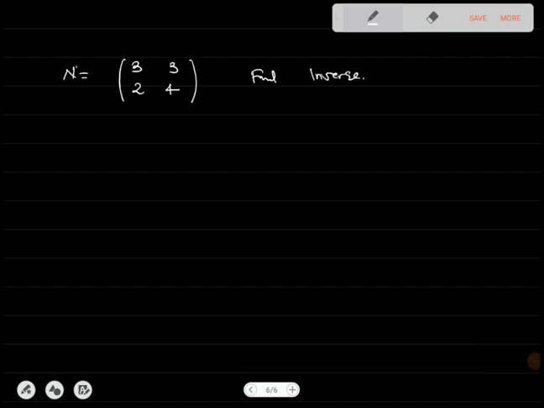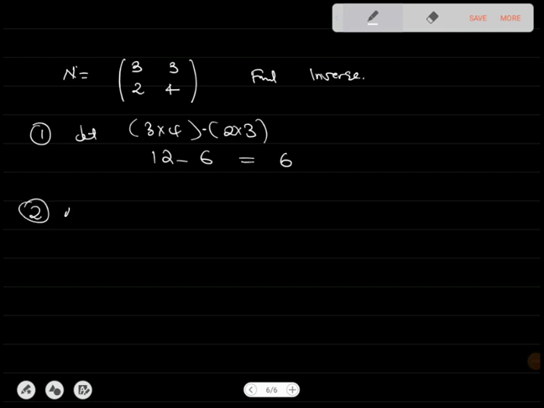Okay, so how can we find the inverse here? As usual, determinant first. Determinant will be 3 times 4 minus 2 times 3. This will be 12 minus 6. This will give us 6. Step 2 is to find the adjoint.